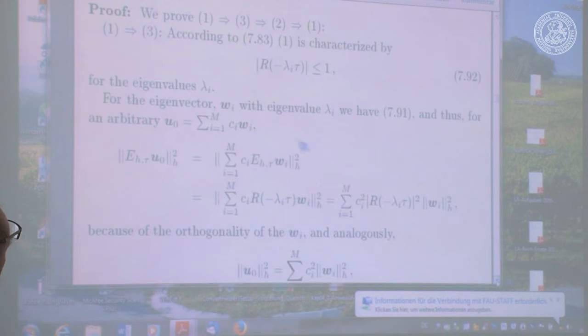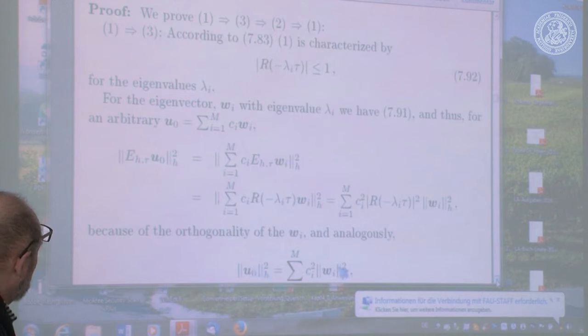You can also compute this identity directly. You form this scalar product of this sum and the sum. You multiply everything out, and everywhere where an index i comes together with an index j, i different from j, this term has to go away by orthogonality. And the only thing which remains is this part here. And the same thing is this identity here.